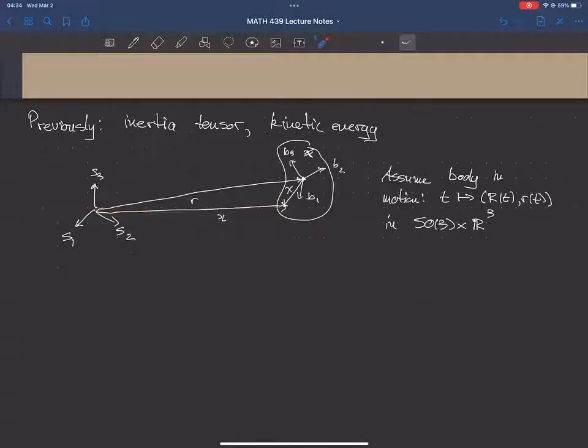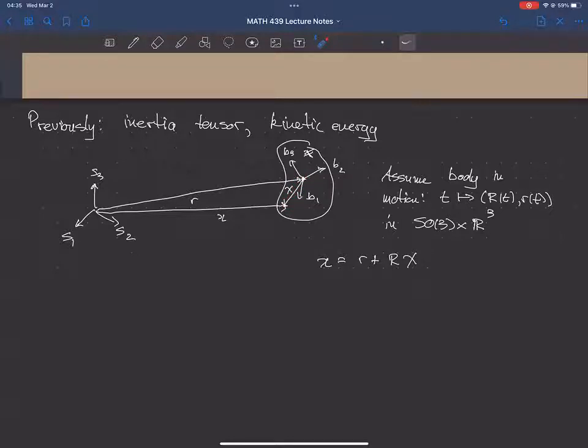So you have to translate by little r. And then you have to do a change of basis, because chi is represented in the body frame and x is represented in the spatial frame. And when you work that out, this is what you get. Okay, so this relates the spatial coordinates of this point to the body coordinates of that point.